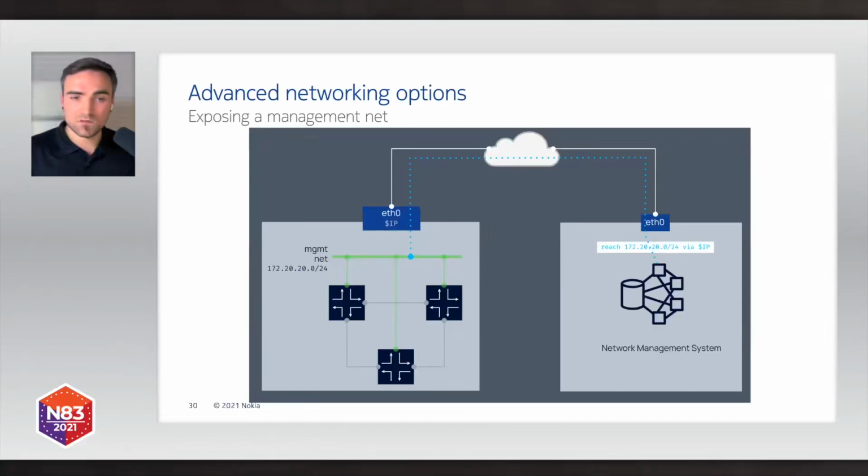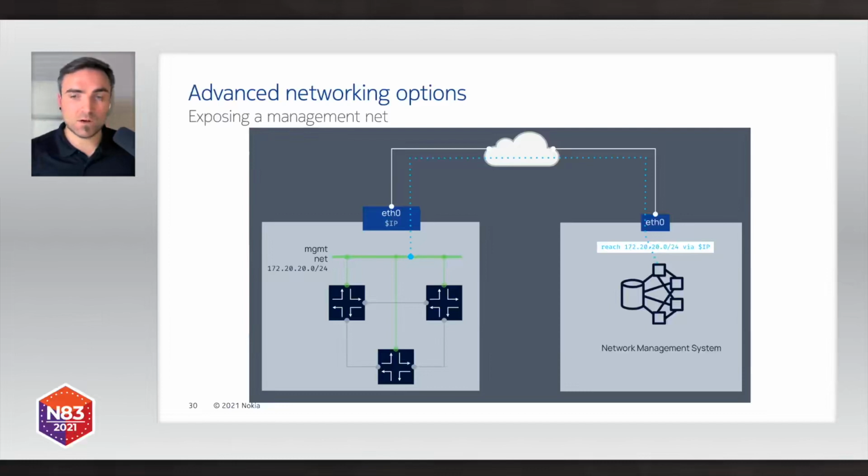The user story goes like this: we have a network management system that is deployed somewhere in your network, and we want to make this network management system reach the nodes that you deployed with Container Lab. One of the ways you can do that is to create a route in the machine that hosts your network management system.